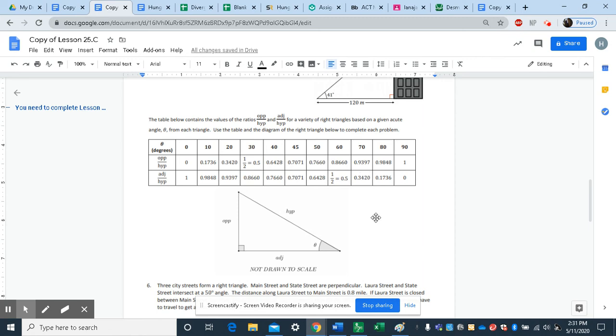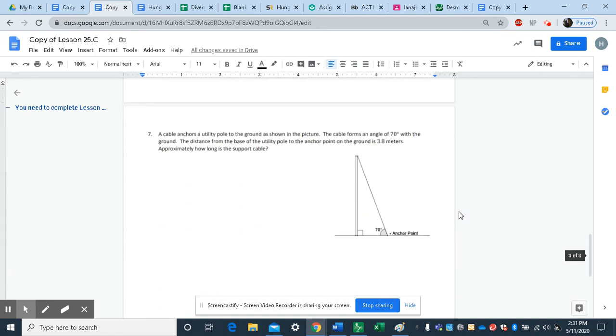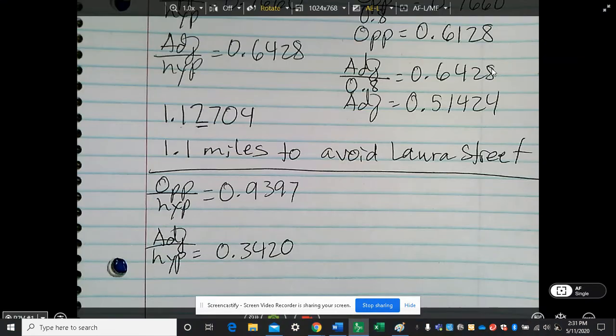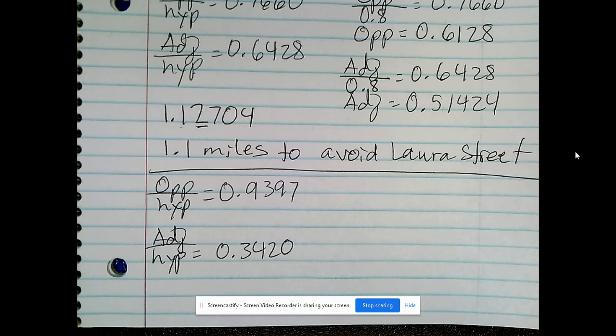And our adjacent over hypotenuse is going to equal 0.3420. So we know what our two numbers are going to be.